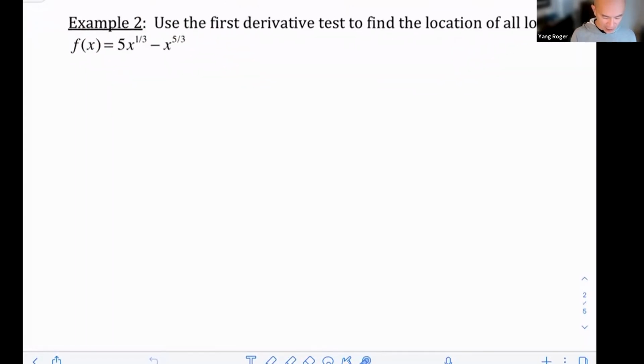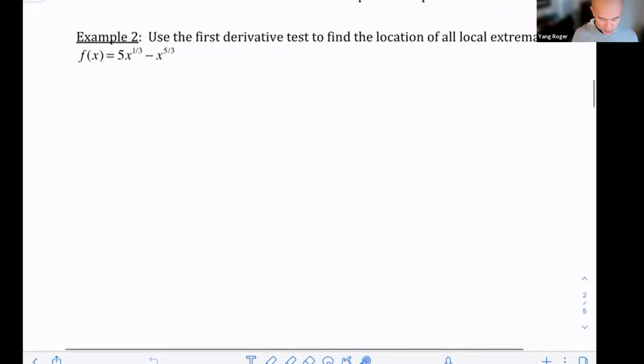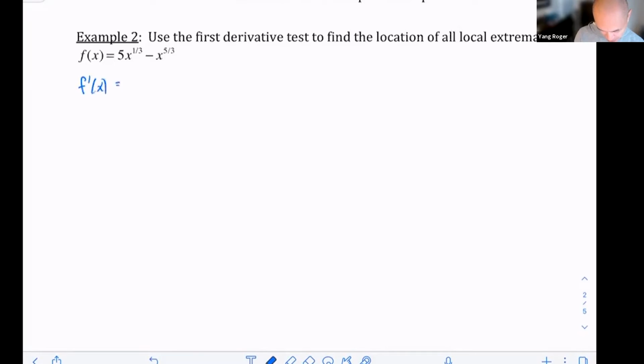In this case, we have fractional powers. There are some of you students that I've been working with pretty extensively in regards to this fractional power thing. I want to give you an opportunity to show me that you learned it. So take a quick moment and calculate f prime for me.